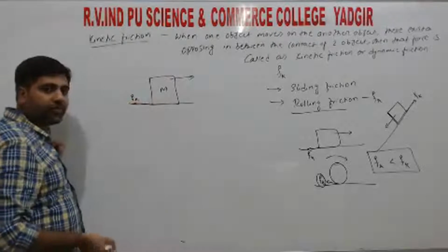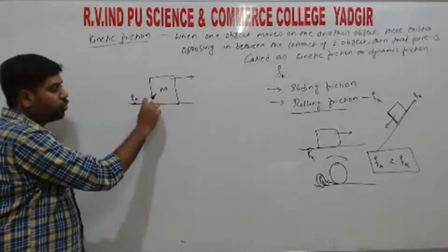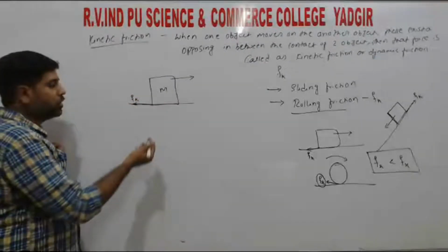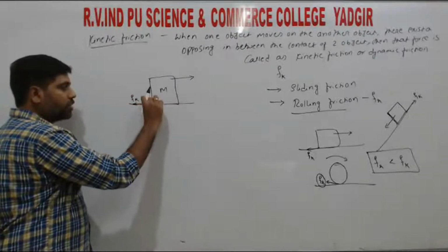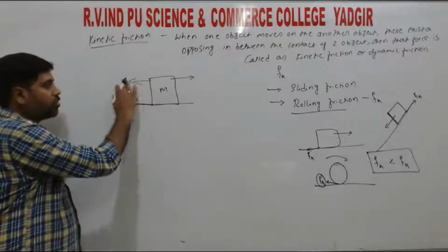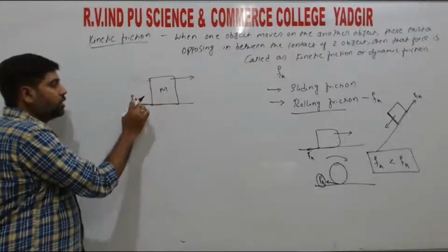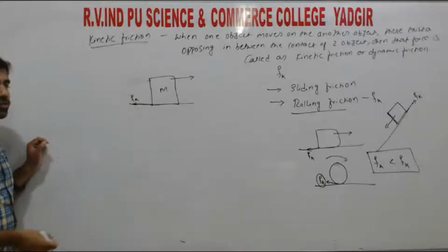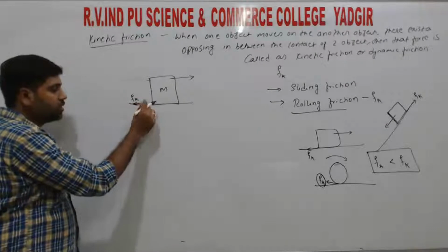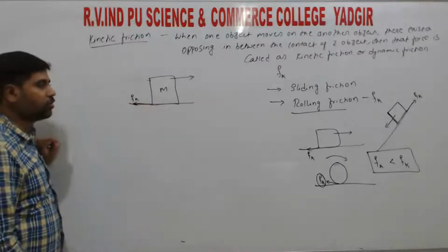That friction we call kinetic friction. We represent it in between the two surfaces. In the exam, when representing it, show it on the lower surface, not above, because friction is a contact force. Contact force means the force is exerted at the contact of two surfaces, so we represent it at the surface, right?